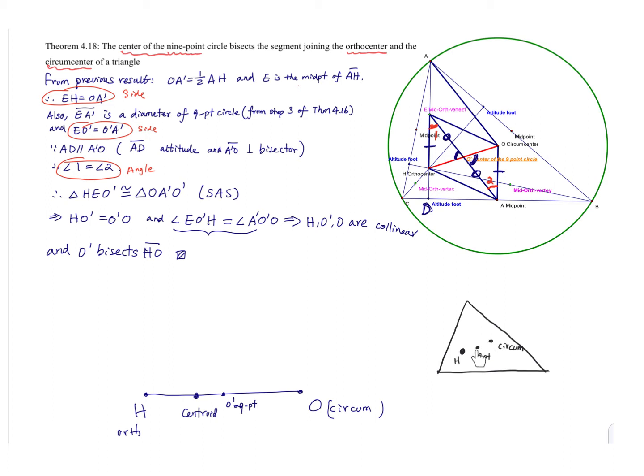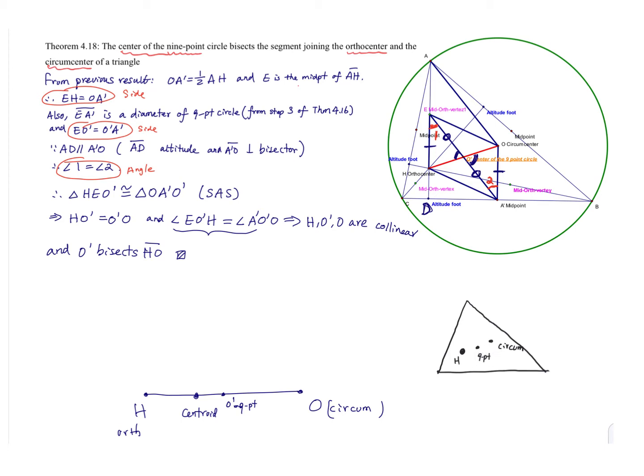And this is the center of the 9-point circle. Which 9 points? The 3 altitude feet, the 3 midpoints of the sides, and the midpoints between the orthocenter and the vertices. Those are the 9 points. That's the center of the 9-point circle. Now we want to show that these 3 points are collinear.